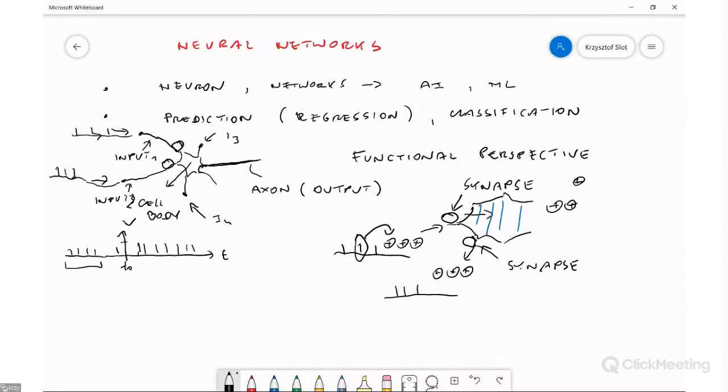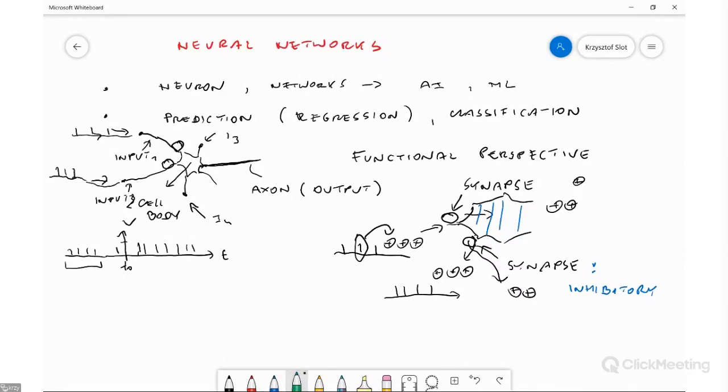If on some other input we have a neuron that is active and is delivering charge, a synapse can be arranged in a way that if this input neuron is delivering 3 positive ions, the synapse causes 2 or 3 or 1 ion to be drained, taken away from a cell body. So these are 2 different types of synapses. This synapse is called inhibitory. Inhibitory means it will be trying to reduce the potential of a cell body by draining its charge.